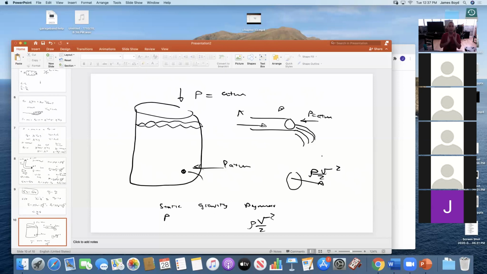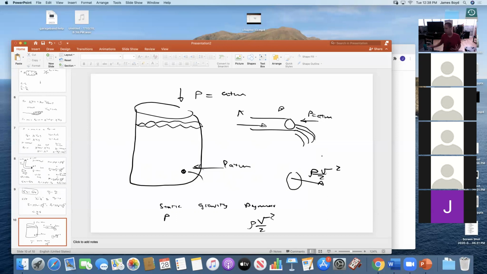It's weird, I know. It's hard to understand. Just make sure, and your book does a horrible job, that you understand there are 3 distinct types of pressure that can change: the gravitational pressure, the dynamic pressure, and the static pressure. If you think about it that way, with 3 different terms all changing, you'll be fine.